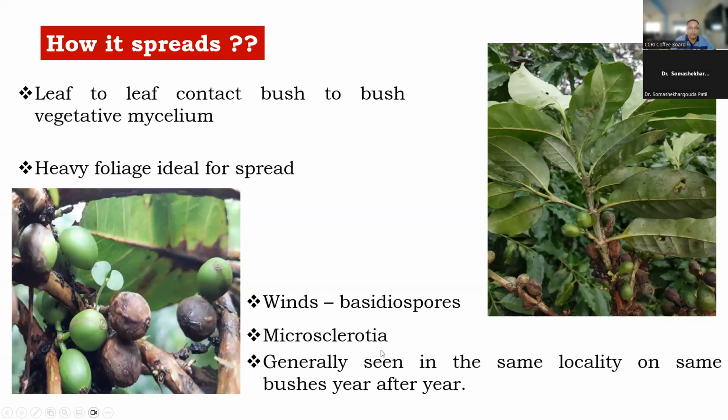These particles will stay dormant up to 8 to 9 months under unfavorable conditions, and after 8 to 9 months, whenever favorable conditions such as moisture are available, they again become active and cause the infection.